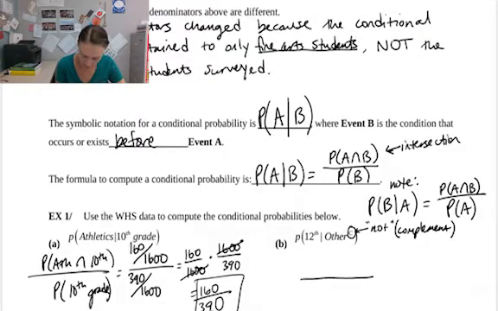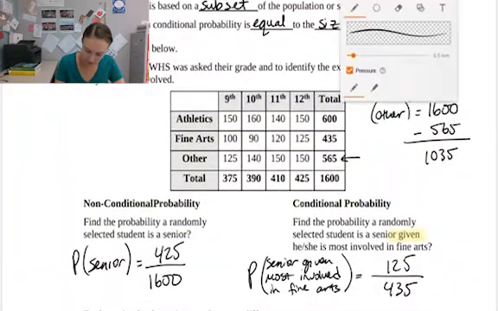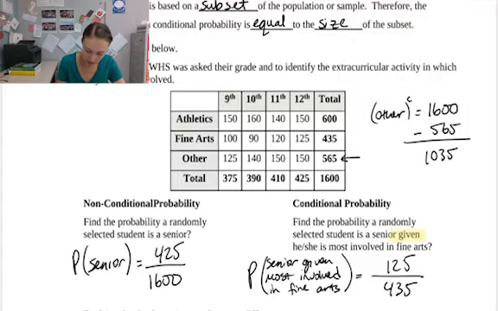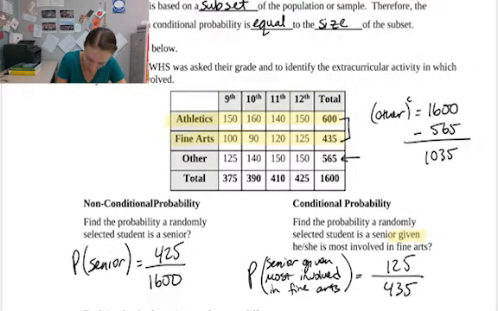So if we think about it this way, given that they are not in the other category, so they are either in fine arts or athletics. So I don't care about any of the other numbers. I'm only looking at those and that total between them. So the total between those two is that 1035.